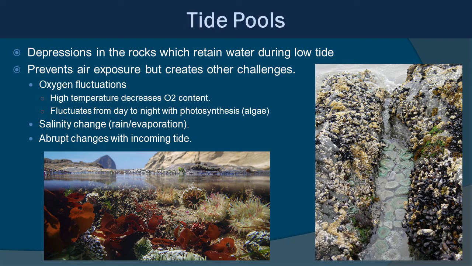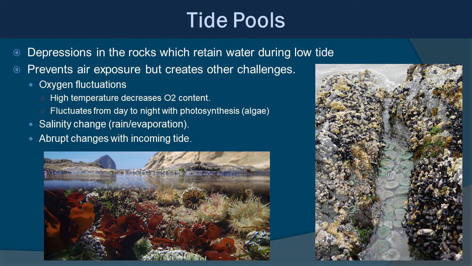So the animals in that tide pool may be avoiding desiccation, or drying out, but they also might be exposed to high temperatures and low oxygen. Now, this can fluctuate from day to night, with photosynthesis obviously happening during the day as well. So there can be a lot going on in terms of variability there.